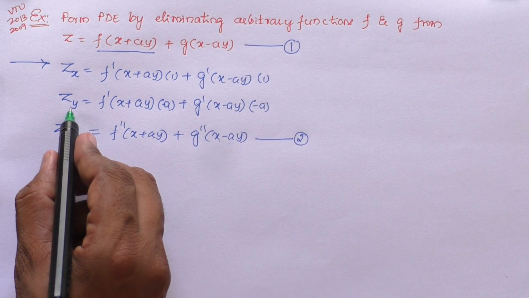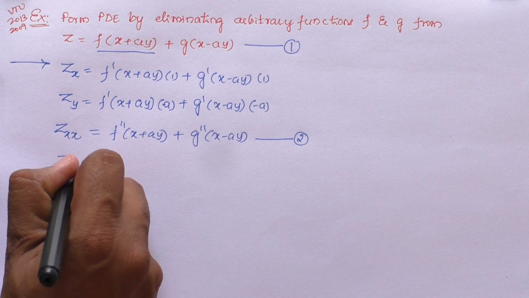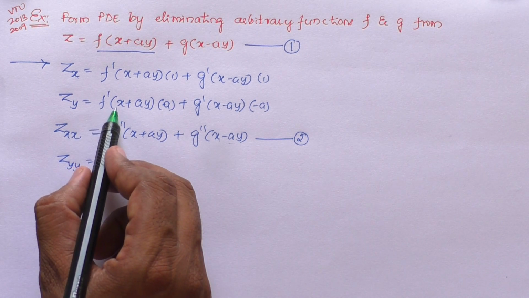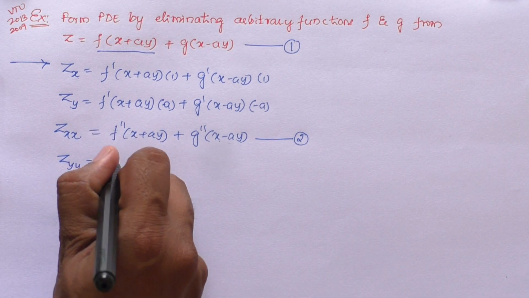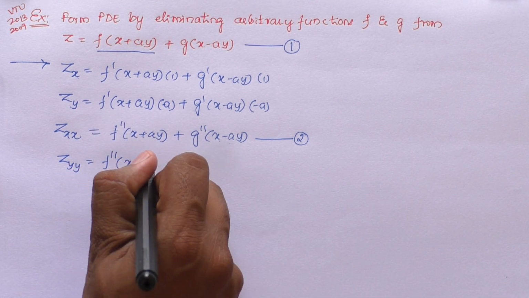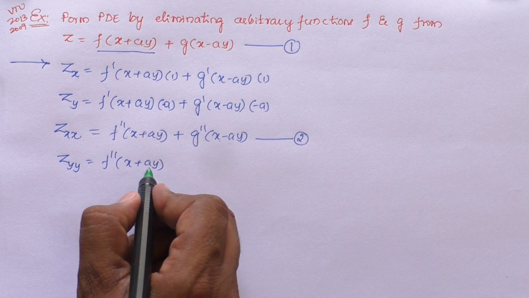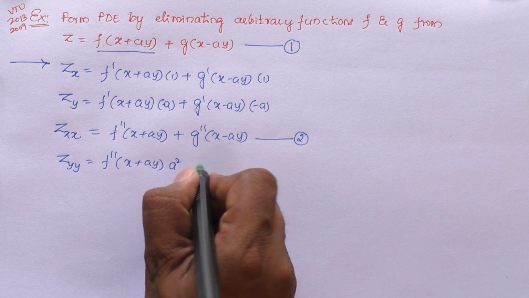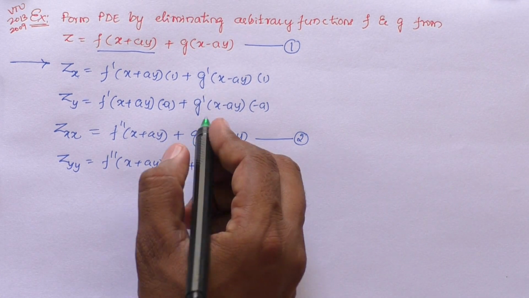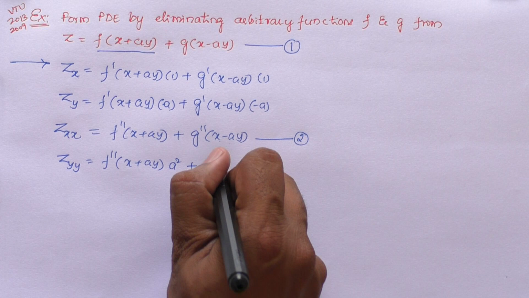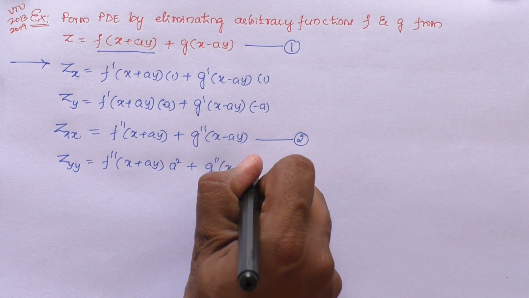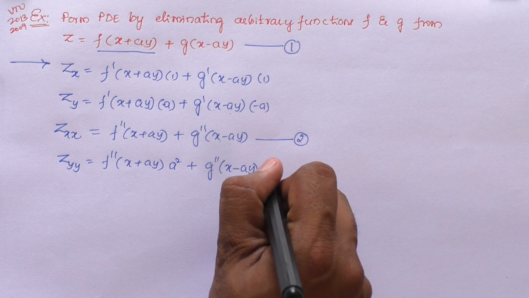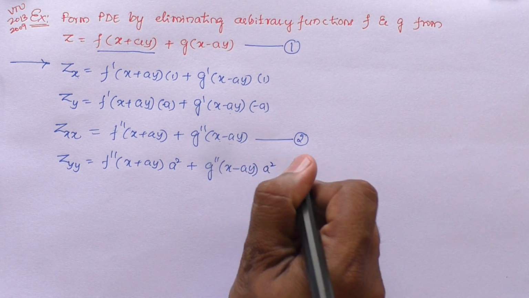Now for zyy, the second derivative, differentiate zy. f dash differentiates to f double dash of x plus ay, with another a, so it will be a square, plus g double dash of x minus ay into minus a into minus a, that is a square.